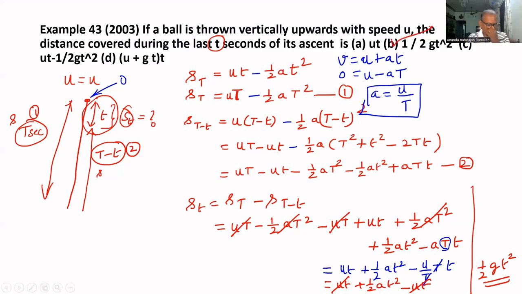B is the answer. The car at rest accelerates uniformly to a speed of 144 km per hour from rest. So u equal to 0. Uniformly means acceleration is constant.